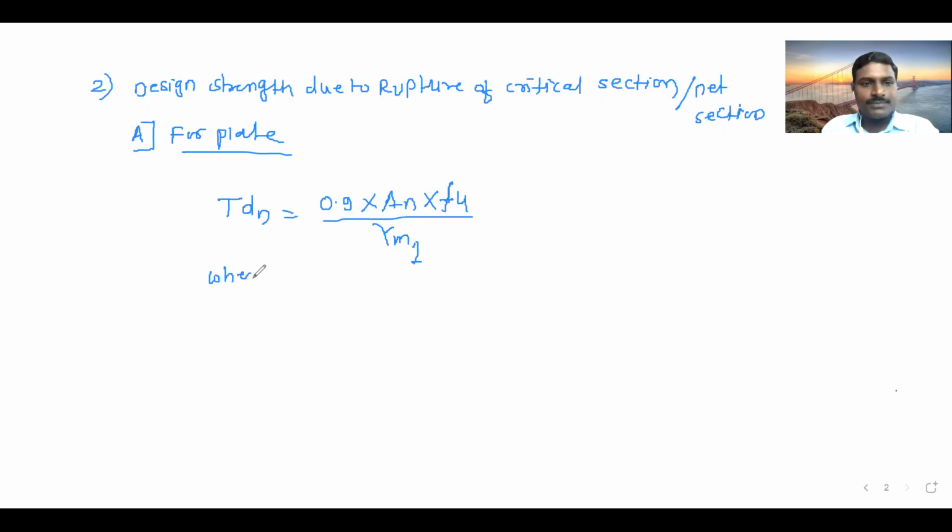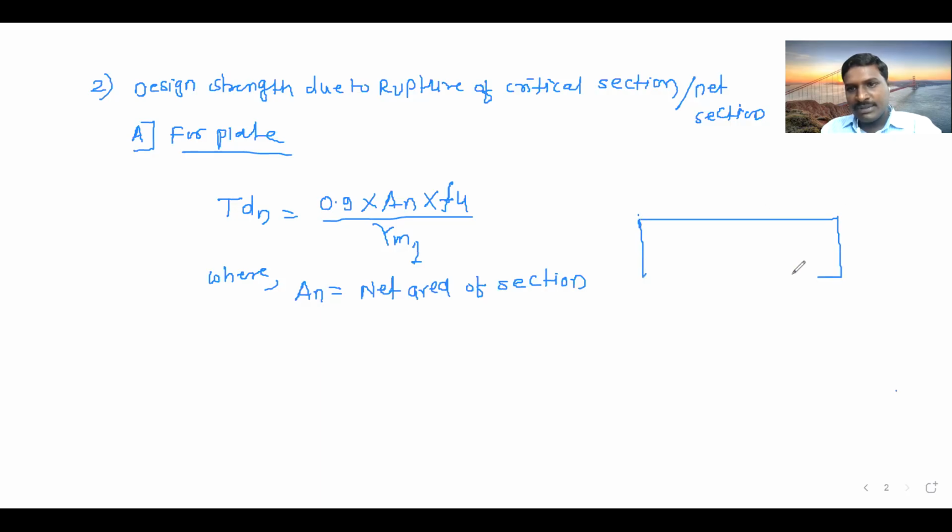Okay, where AN is equal to the net area of the section. Net area of the section. Okay. Now here, how does failure due to rupture occur?